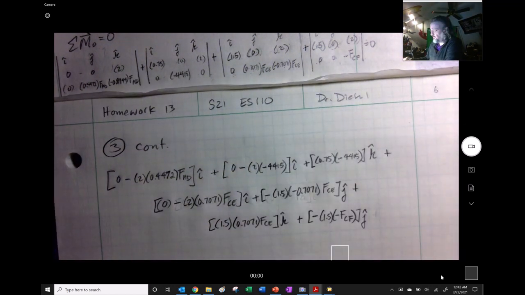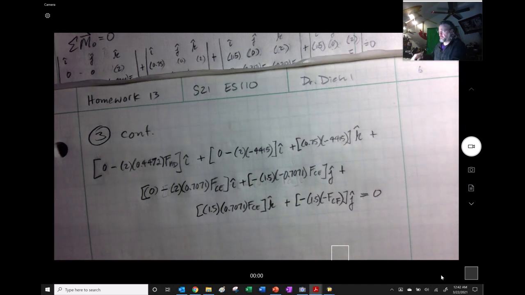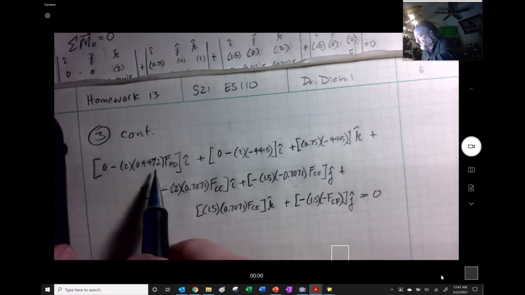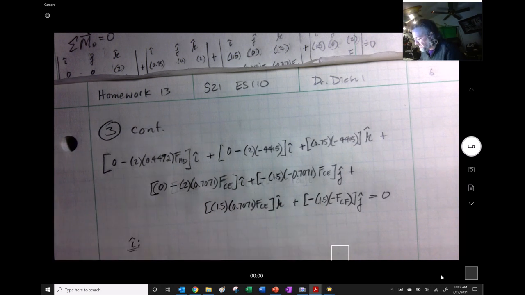So we have ourselves some equilibrium equations to mess around with. Let's try the I's. We got a negative, a 2 times 0.4472, and it's negative. So we got a negative 0.8944 FAD.